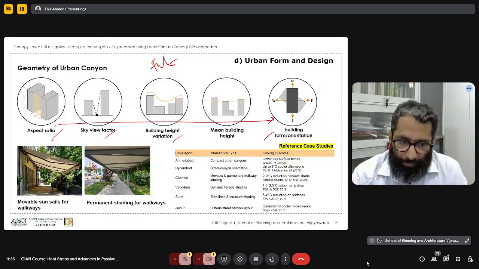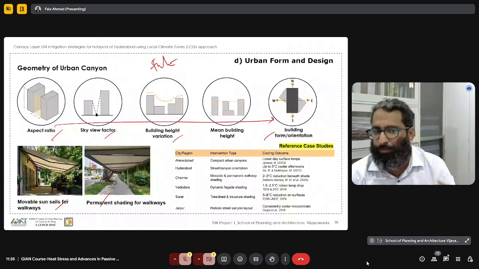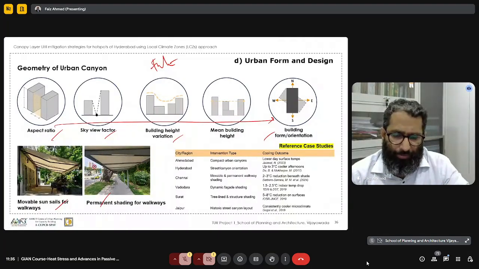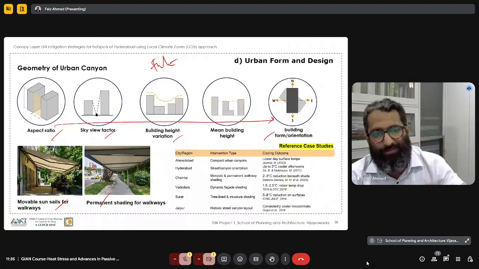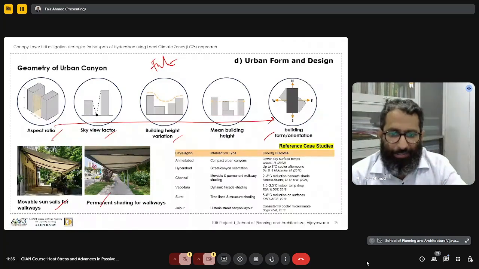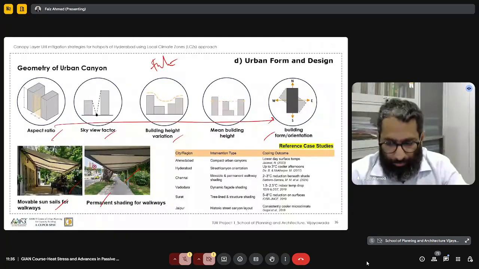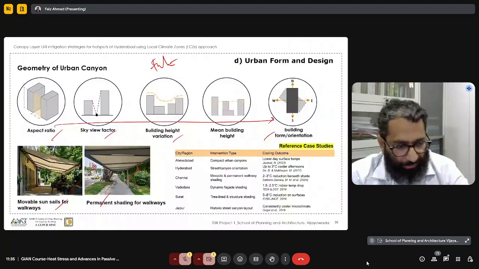In addition to that, several studies in India have shown how shading can help in a large way. These are very simple strategies that can be tested, and they have been tested in several cities as well. Shading can help a long way, at least during these summer months.